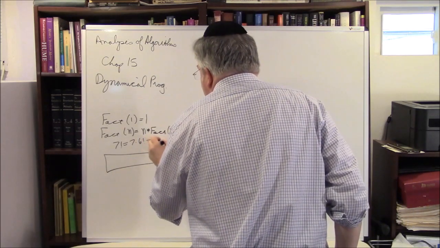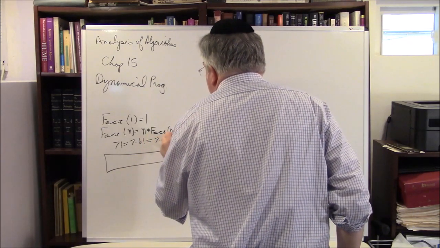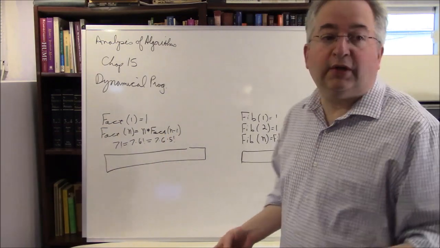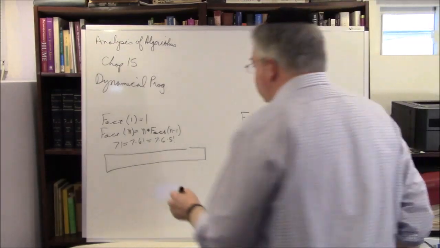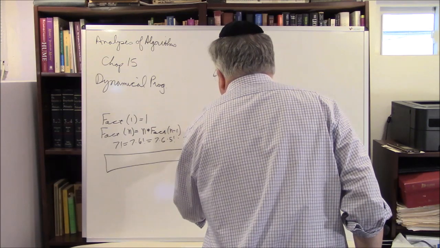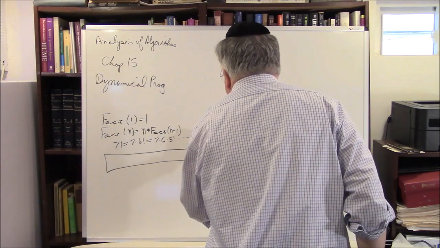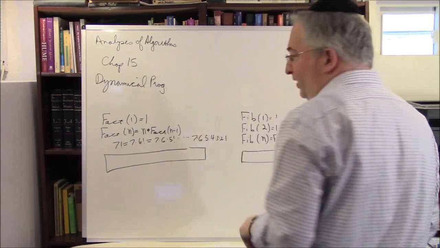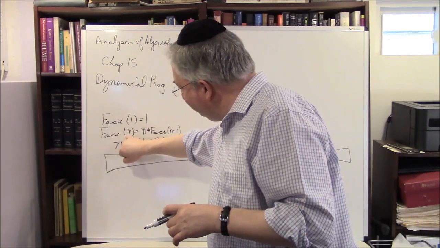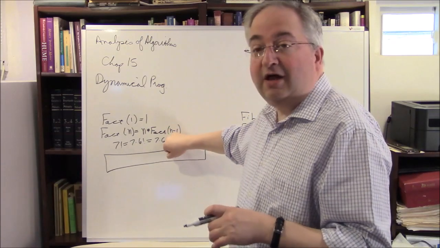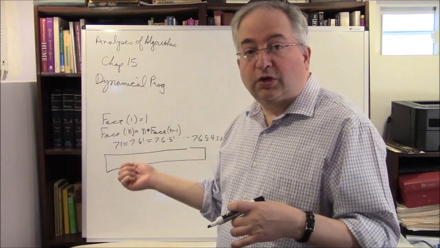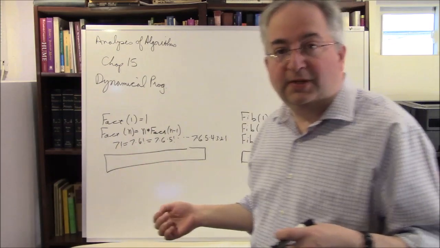That's equal to 6 times 5 factorial, and this goes to 7 times 6 times 5 times 4 times 3 times 2 times 1. The main point is, in order to figure out n factorial, we have to call and solve first what n minus 1 factorial is. That's recursion, that we saw from the first semester.